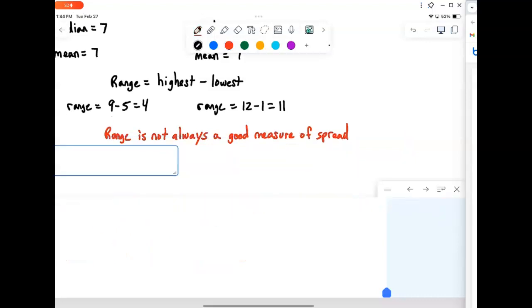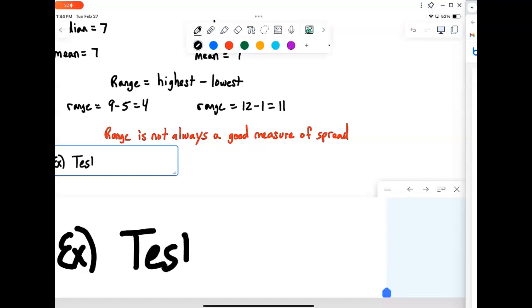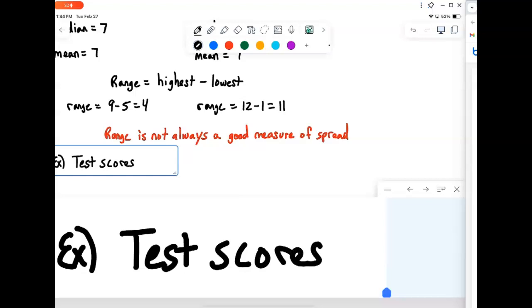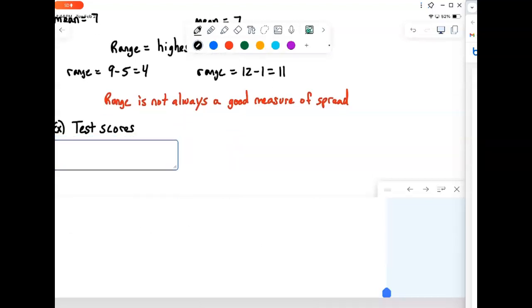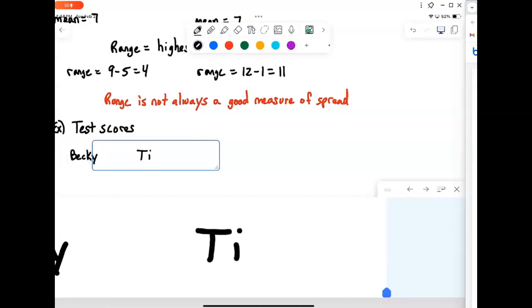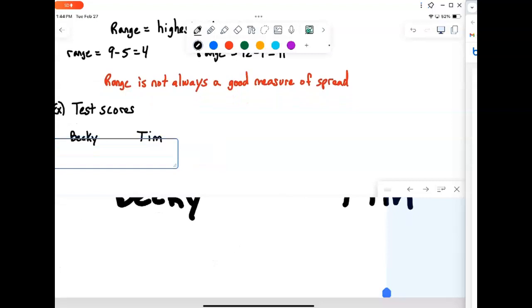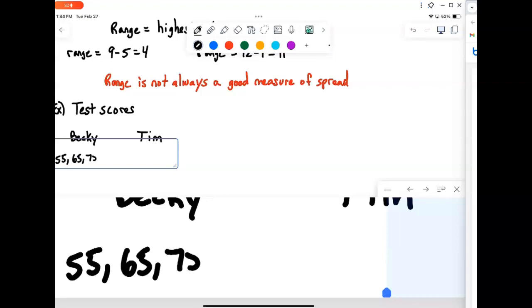Let's consider an example to show you how range isn't always a great measure. Let's say we're looking at two sets of test scores, scores that Becky had and that Tim had. Becky scored on her tests 55, 65, 75, 85, and 90.